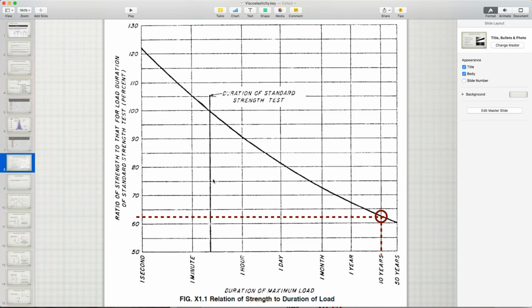So I believe 10 minutes is considered the duration of a standard test when you test the material in the laboratory. Failure occurs in 10 minutes. We measure the strength, 10,000 psi, 8,000 psi.